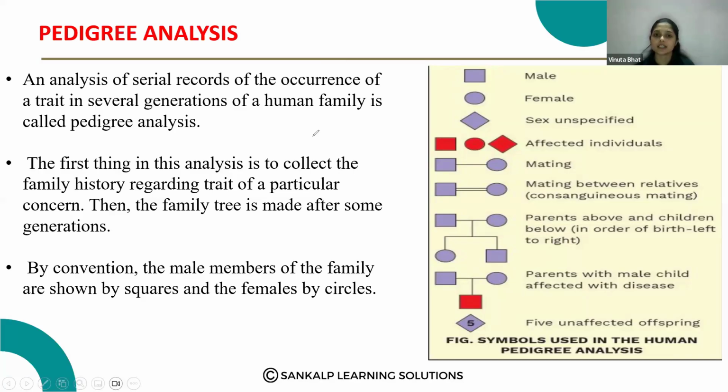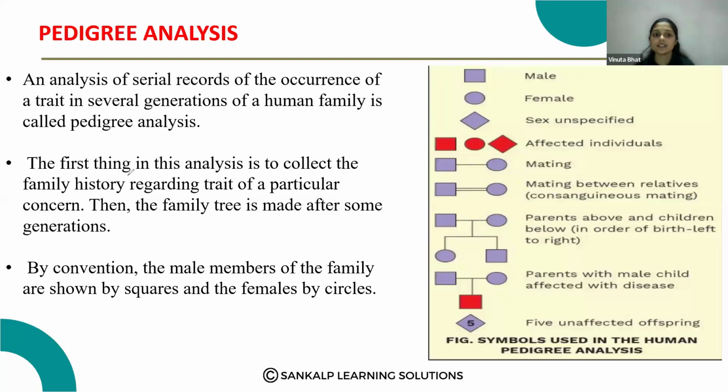The trait may be a hair color or any disease, and its occurrence in several generations of a human family is analyzed. That is known as pedigree analysis.